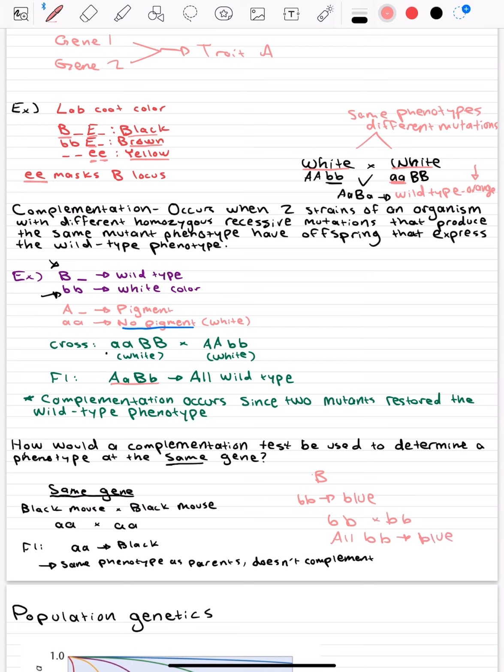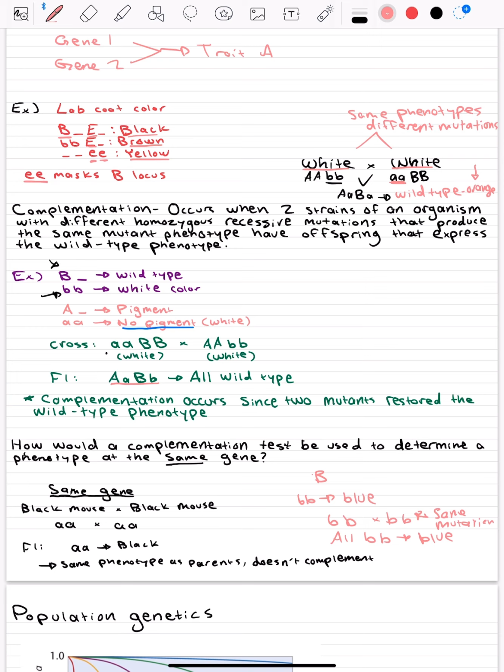In this case, complementation did not occur because it did not restore a wild type phenotype, and also complementation occurs between two mutant strains of organisms with different homozygous recessive mutations. These are the same homozygous recessive mutations. So complementation would not occur.